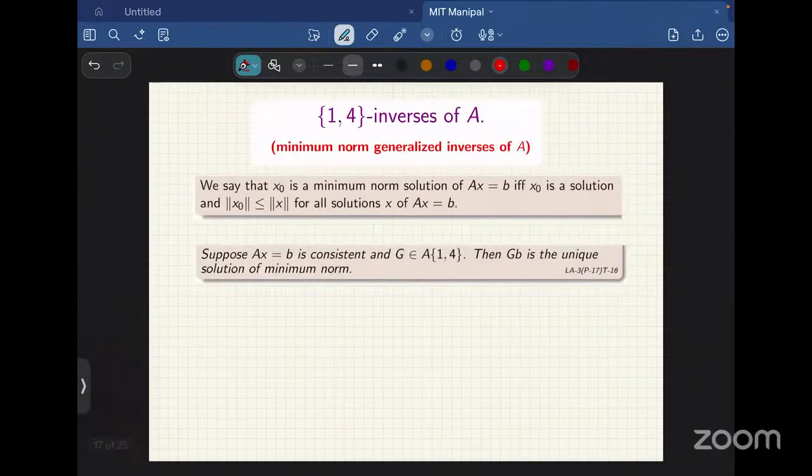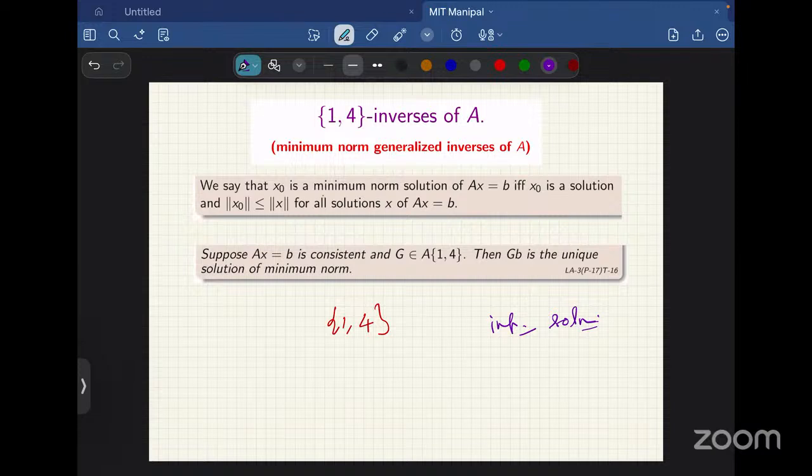And next, finally, we will see the 1-4 inverse. Here we have seen another issue, which is infinitely many solutions. If there are infinitely many solutions, which one should be chosen? We want to choose a solution which is nearest to the origin.